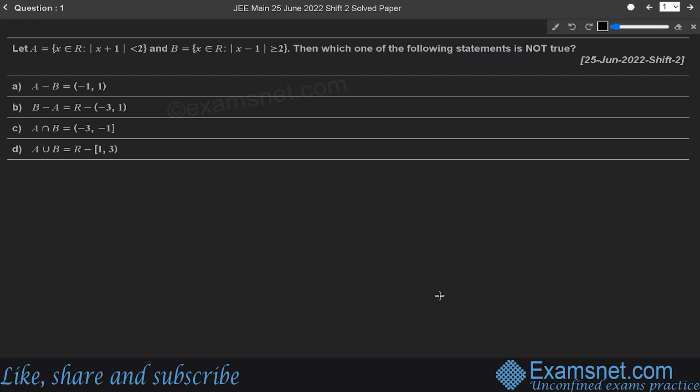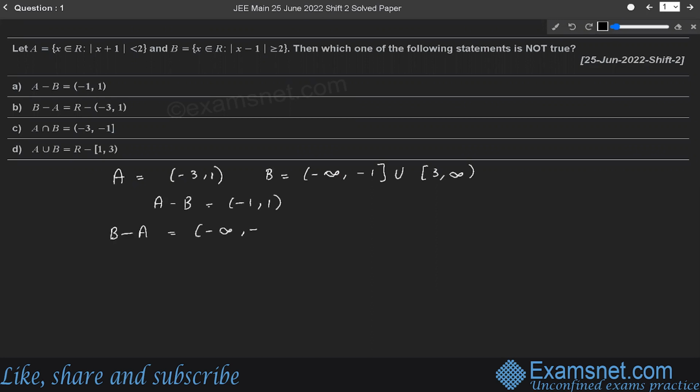So here A will be equal to (−3, 1) and B will be equal to (−∞, −1] ∪ [3, ∞). So A − B will be equal to (−1, 1). Similarly, B − A will be equal to (−∞, −3] ∪ [3, ∞), which is equal to R − (−3, 3).